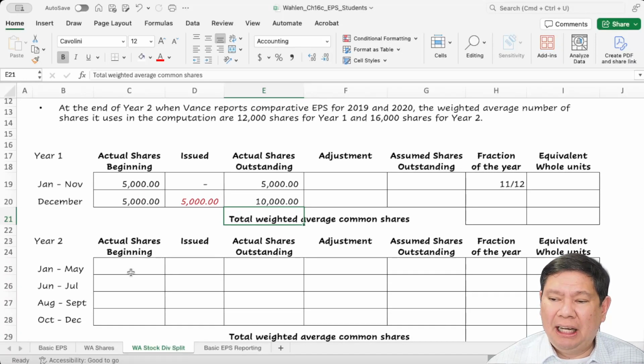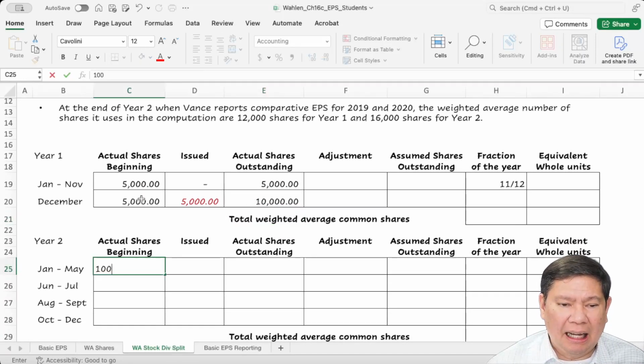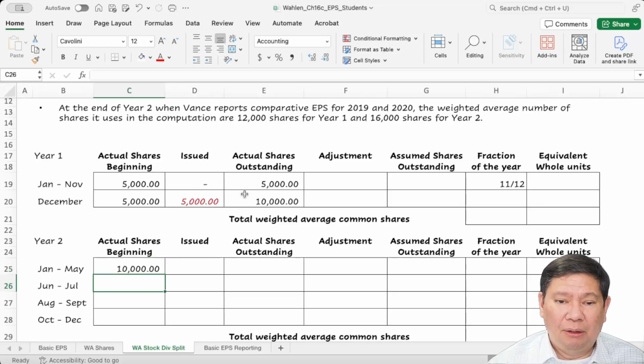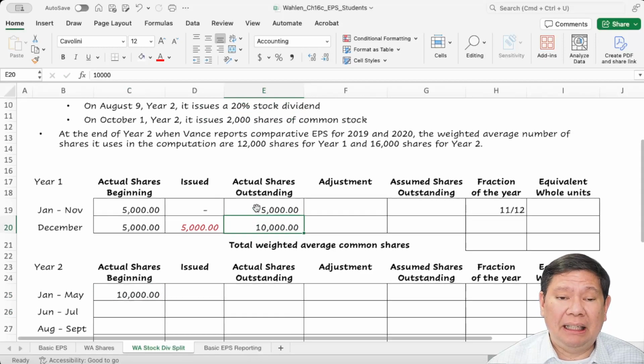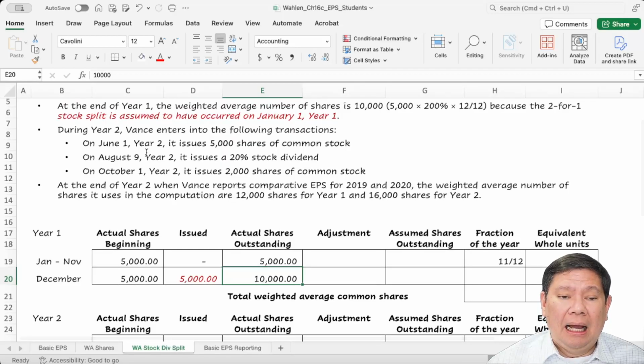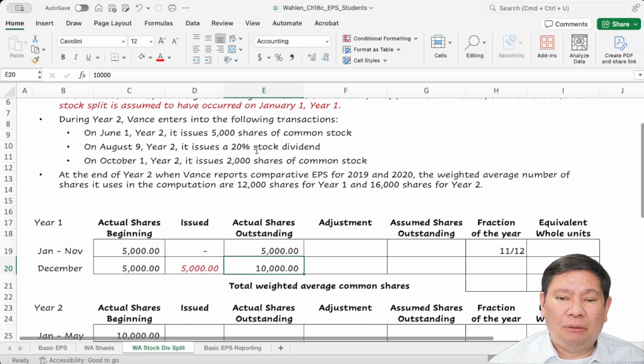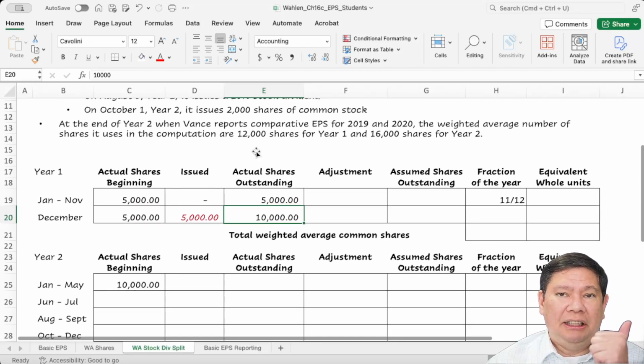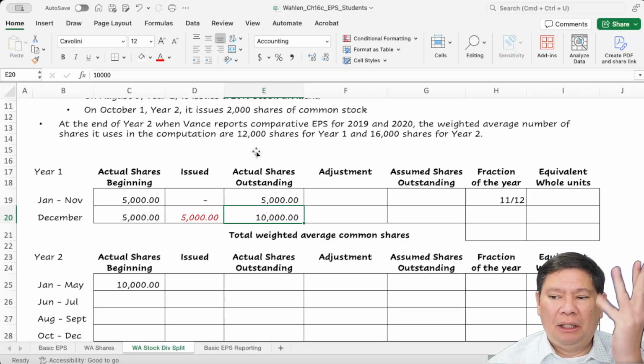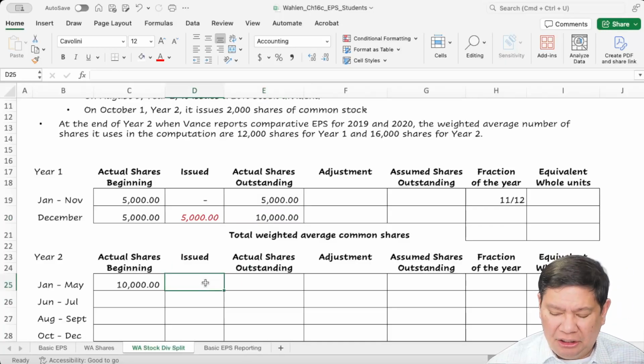At the beginning of January, they start with 10,000 shares from the end of December. And then on June 1st, it issues 5,000 shares of common stock. So January, February, March, April, May, there is no change.